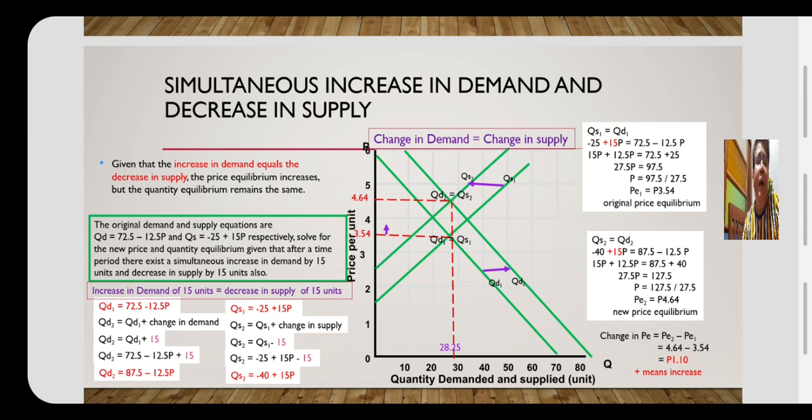So notice the minus 15 is introduced because there exists a decrease in supply by 15 units. So to simplify, the new supply equation now is negative 40 plus 15P.